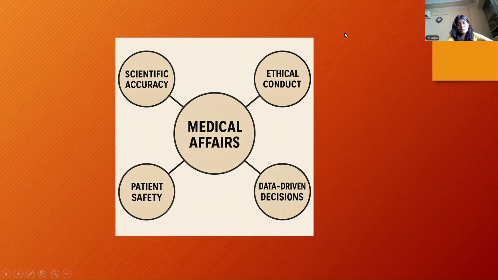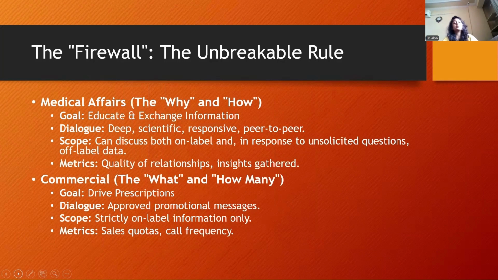Yeah, so now coming to the firewall, the unbreakable rule. The firewall is that there are strict regulations that a medical affairs department has to follow, right? They differ from the commercial department of the pharmaceutical company. As we have already discussed, their goal of having a conversation with the HCP would be to exchange scientific information.